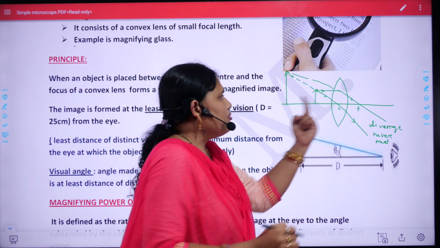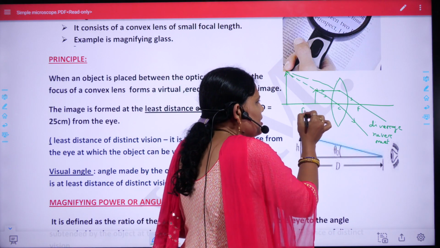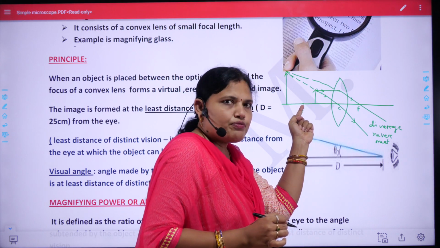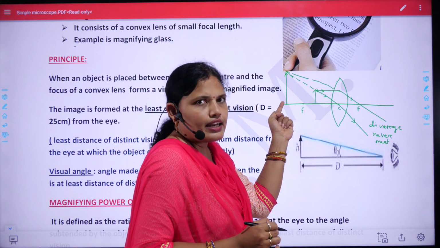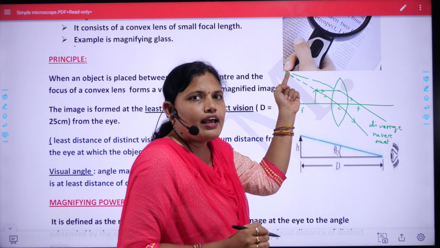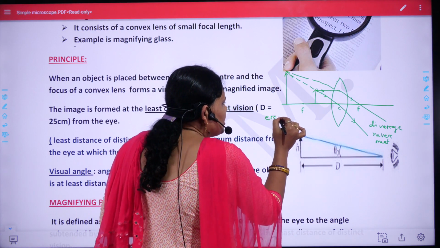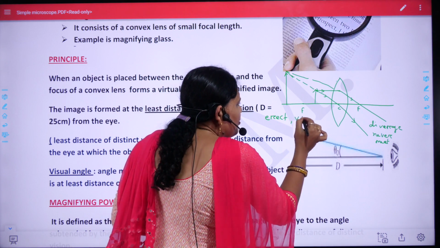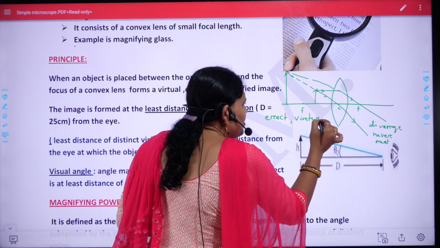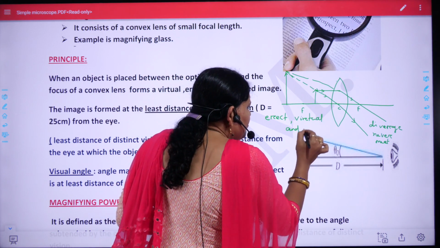So when an object is placed between the optical center and the focus, obviously we are getting a magnified image. And what is the nature of this image? The nature of the image is erect, virtual, and magnified.